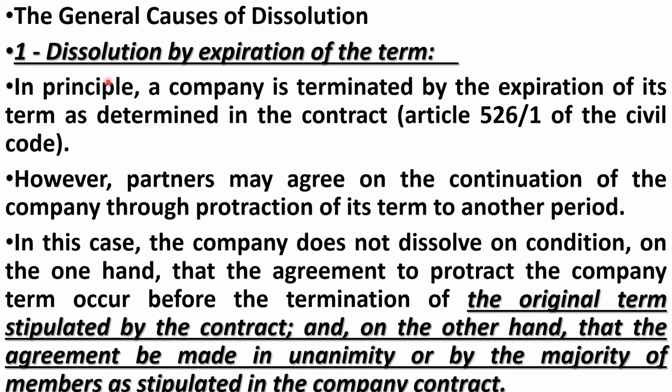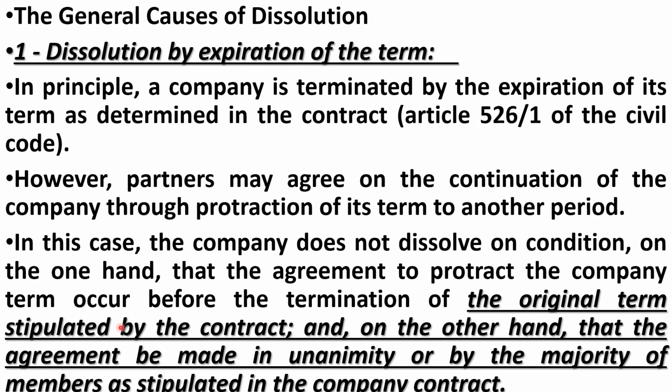Now we are talking about the general causes of dissolution. Number one, dissolution by expiration of the term according to Article 526, paragraph 1 of the Civil Code, which says a company is terminated by the expiration of its term as determined in the contract.